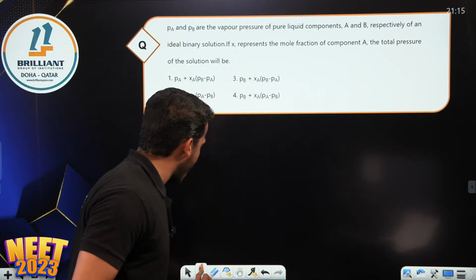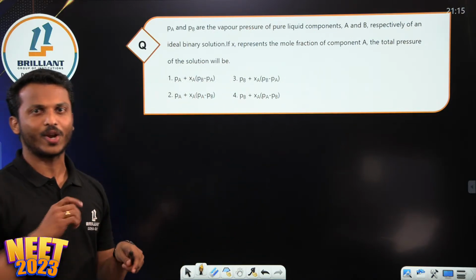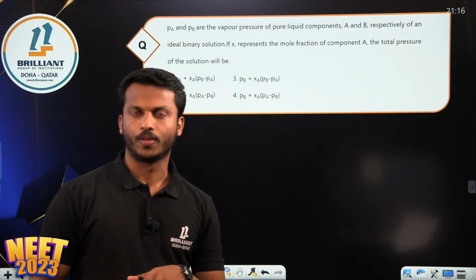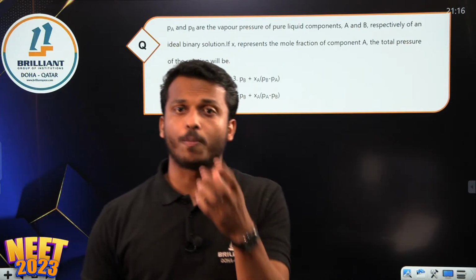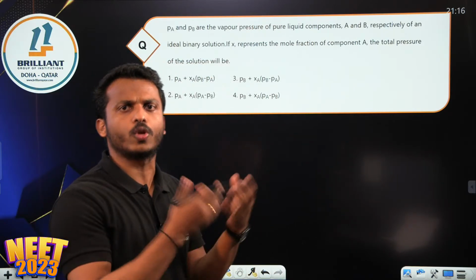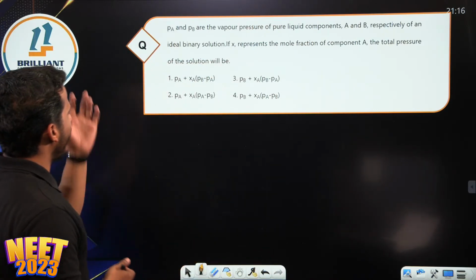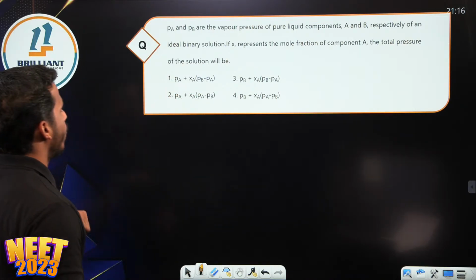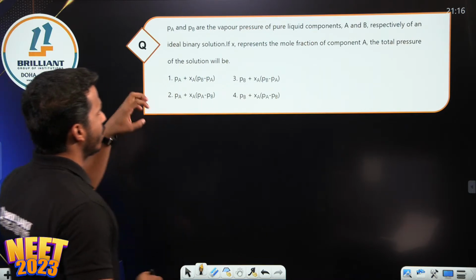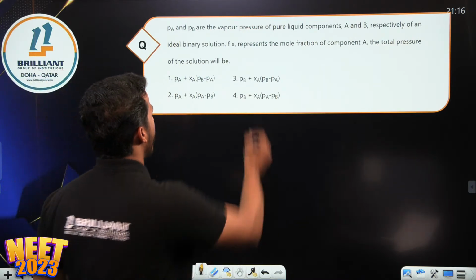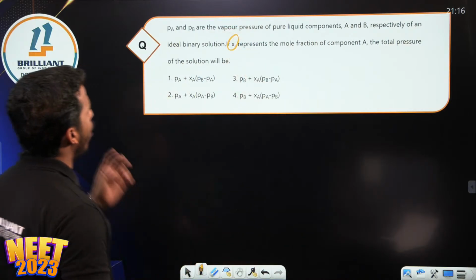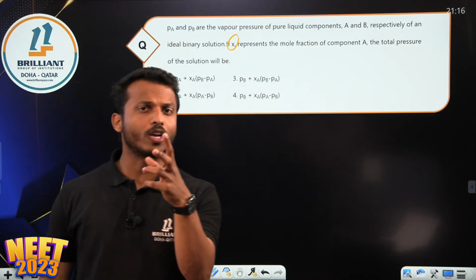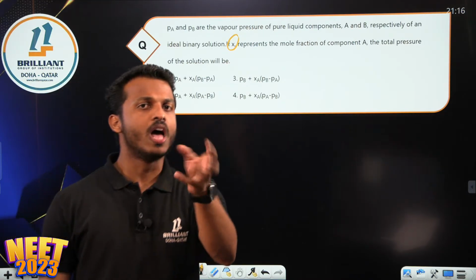Can you read this question and give a correct answer? PA and PB are the vapor pressure of the pure liquid. Normally we use P0 A and P0 B for pure components, but depending on the question, they change the data. So PA and PB are the vapor pressure of the pure liquid components A and B respectively for an ideal binary solution, and chi represents the mole fraction of component A. What is the equation we studied for the total pressure calculation according to Raoult's law?